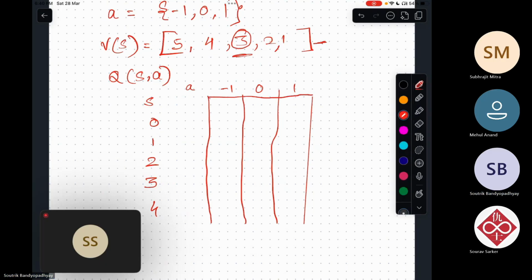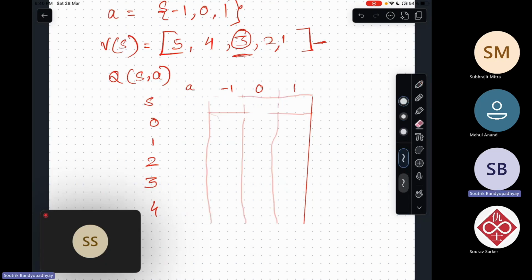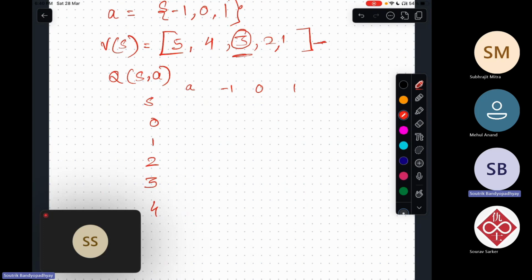So for each state action pair, let me redraw this.